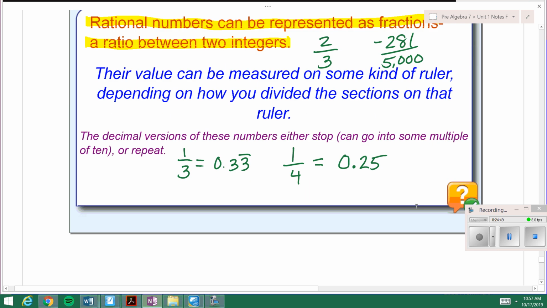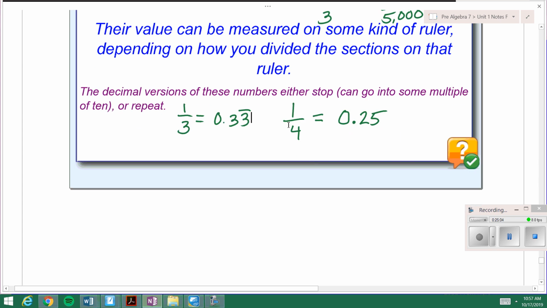Okay? So 1/3, 1/7, ninths, elevenths, they all have repeating decimals because those numbers do not go into 10, they don't go into 100, they don't go into 1,000, etc. Right? So the decimal versions of a rational number will stop or repeat.